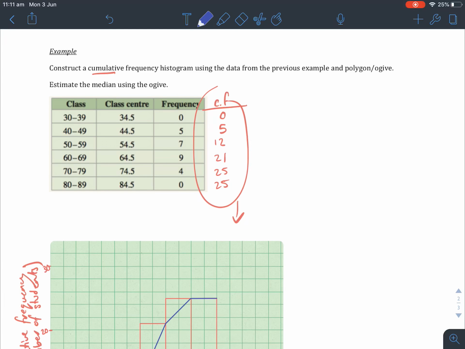So come down to your graph. Look at 12.5 on the cumulative frequency axis. 12.5 is here. Draw a line until you hit the ogive and then come down to your x-axis.